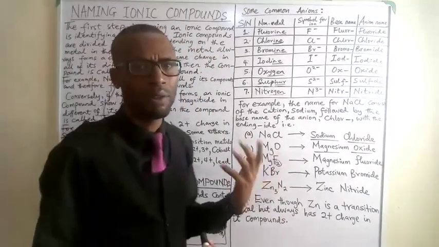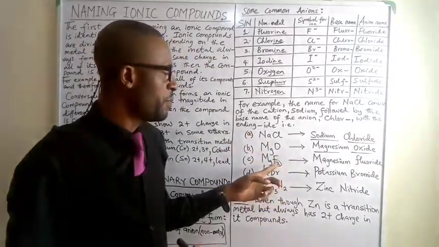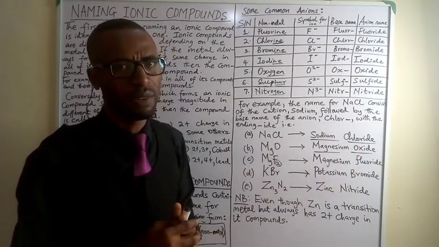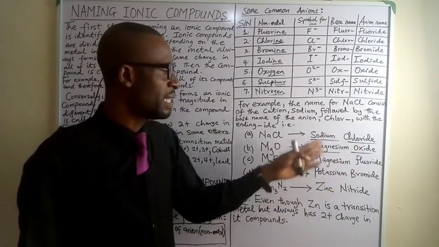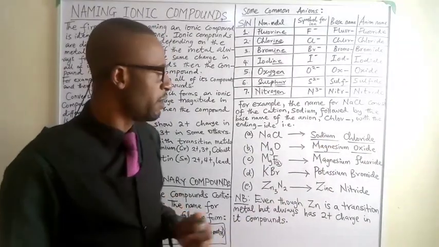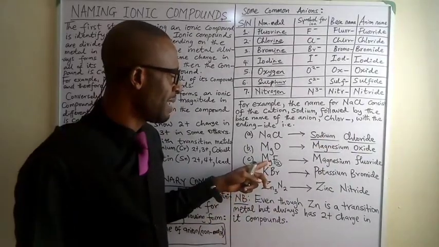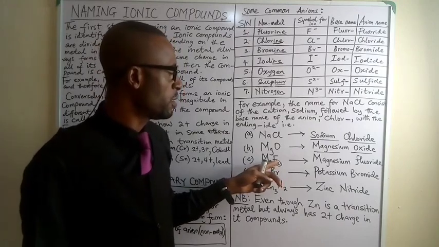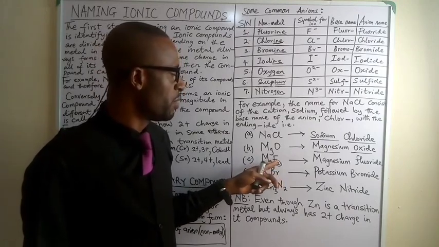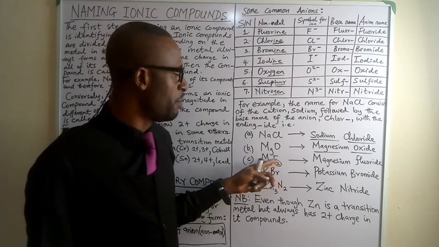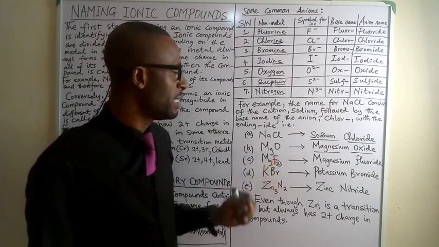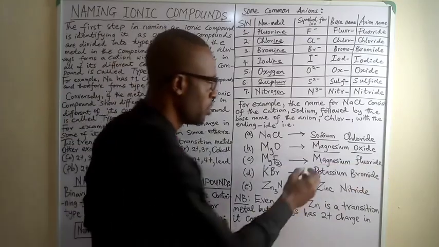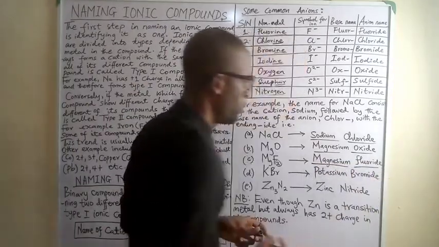In ionic compounds, you don't use that prefix for the anion. Pay attention to these, students. You don't say difluoride in ionic compounds. Rather, you name the metal, which is magnesium, and simply give the base name of the non-metal and replace the last syllable with IDE. So you have magnesium fluoride. That is the right name, not difluoride, magnesium fluoride.